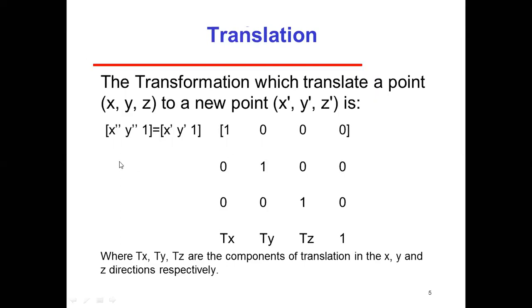Now we are going to apply the translation transformation in the form of a matrix, where x'', y'', 1 is the new point obtained from x', y', 1.